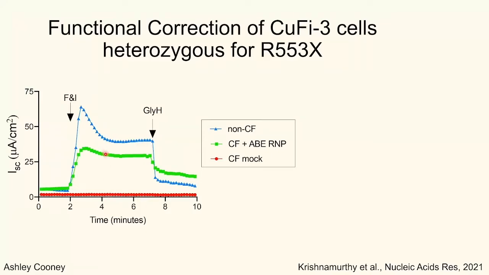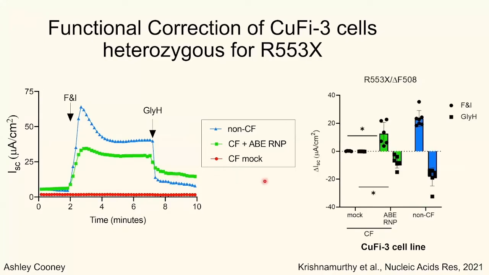The green tracing is a culture that was nucleofected with ABE710. When we open the channel with forskolin and IBMX, we see an increase in current of chloride ions in both the non-CF cells and the adenine base edited cells. And when we add GlyH, we see a decrease in the current for the non-CF and ABE-treated cells. The figure on the right is a summary of the Ussing tracings we see on the left.